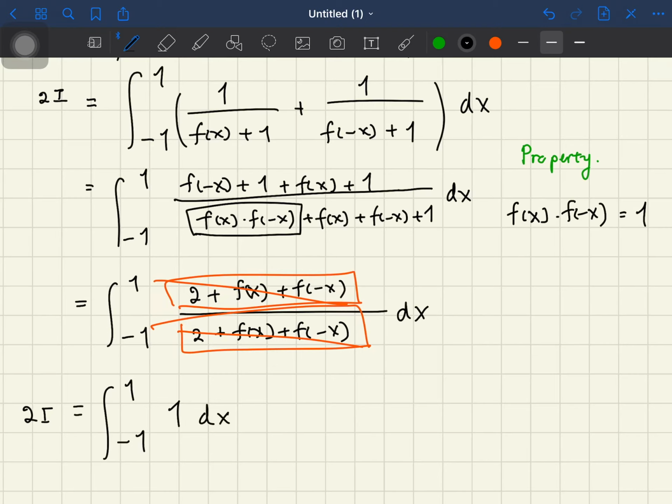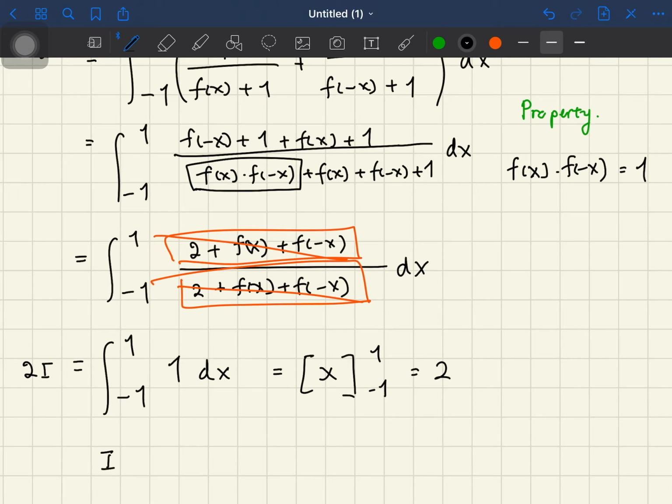You just have to integrate 1 with respect to x, so you just get x with boundaries -1 until 1, which is equivalent to 2. So I, which is the final answer that we want, equals 2 over 2, which equals 1. And that's our answer. Surprisingly simple.